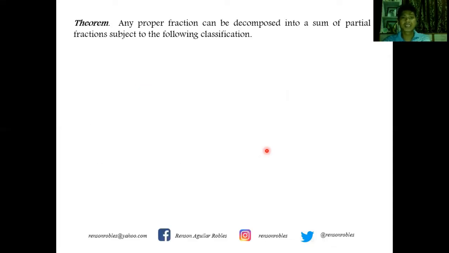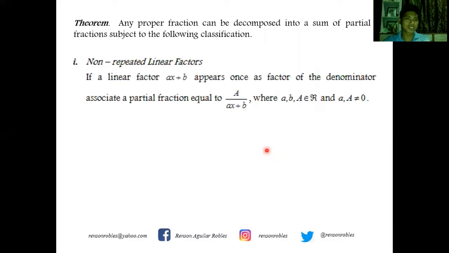Say we consider this theorem. Any proper fraction can be decomposed into a sum of partial fractions subject to the following classification. Case number one, the non-repeated linear factors. If a linear factor ax + b appears once as a factor of the denominator, then we associate a partial fraction equal to A over (ax + b).